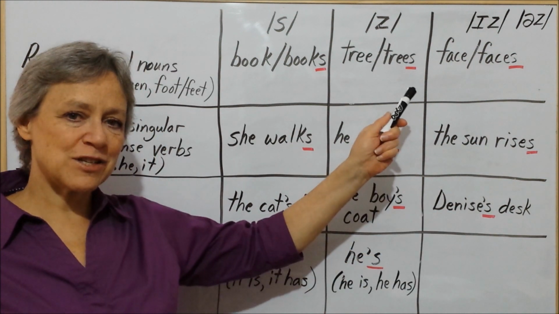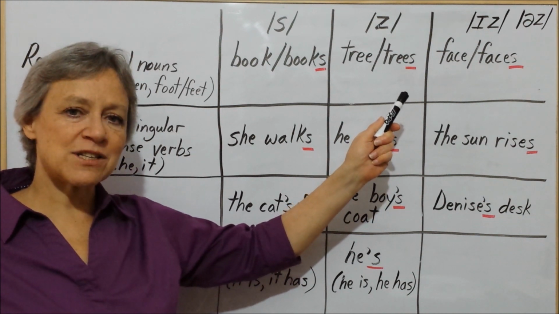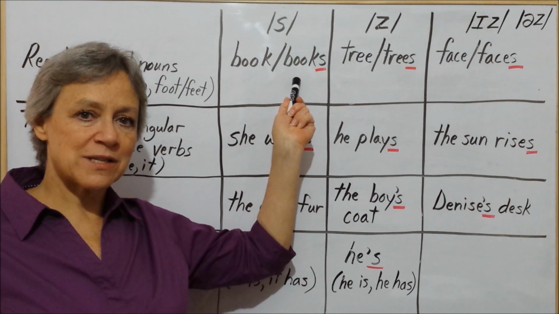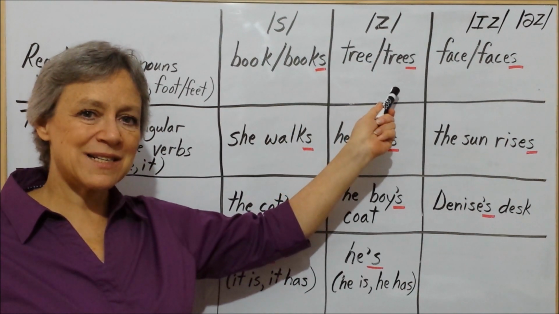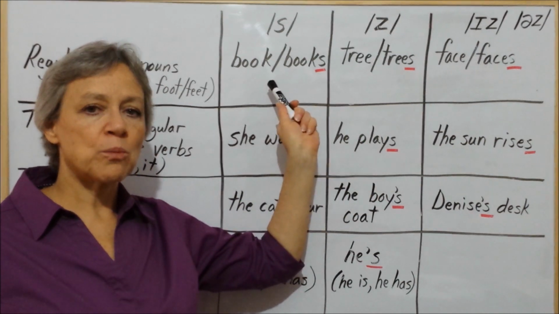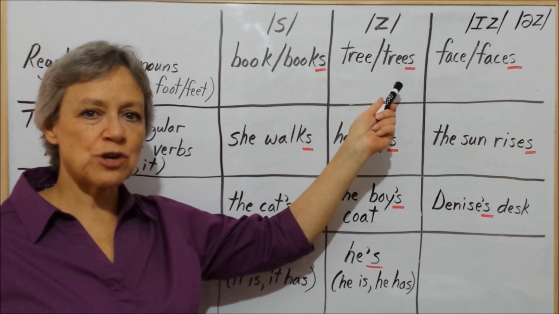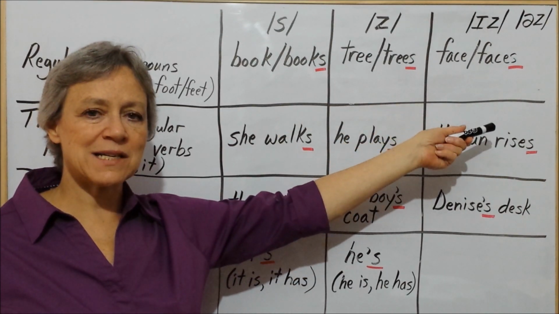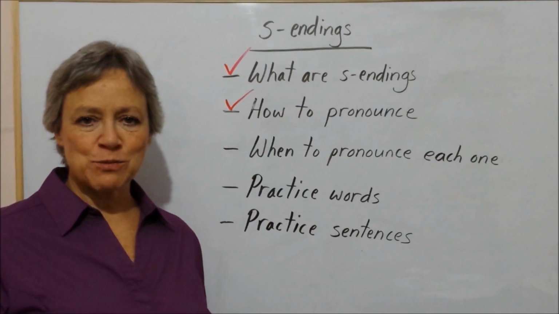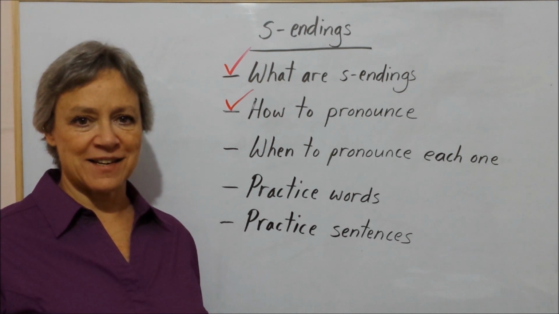Let me say them across this way and try to listen for the different sounds, okay? Books, trees, faces. Books, trees, faces. Okay? Now I would like to explain when to pronounce each one of the S endings.